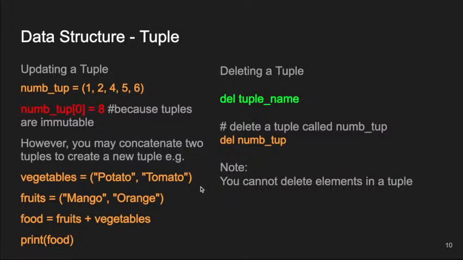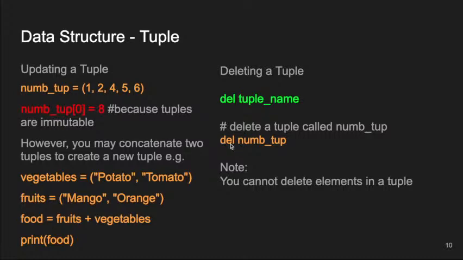If you want to delete the tuple, you can use the delete command in Python. You just have del and then the name of your tuple, and this is an example here. If we've declared this tuple called num_tup, you can delete it using this statement.